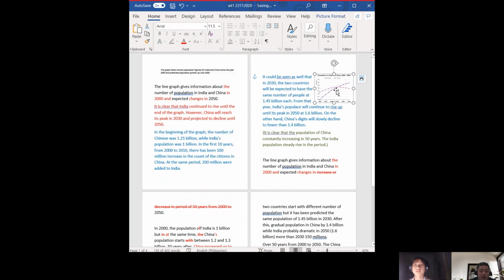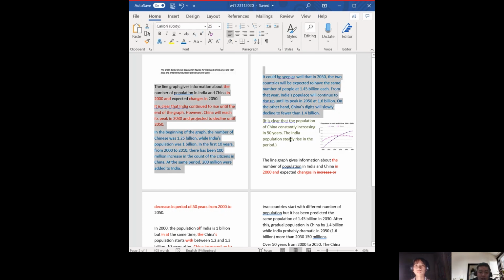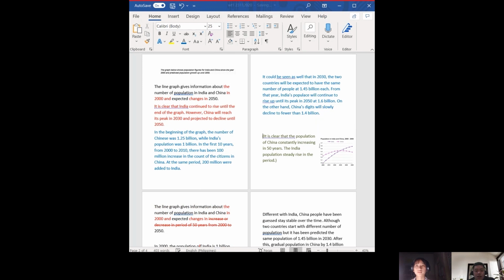See, it's just very few. You have only four paragraphs, but you can easily determine which is which, right? This one is where you rephrase, this is your overview, this is your paragraph 1, this is your paragraph 2.